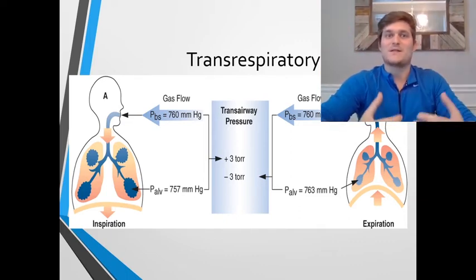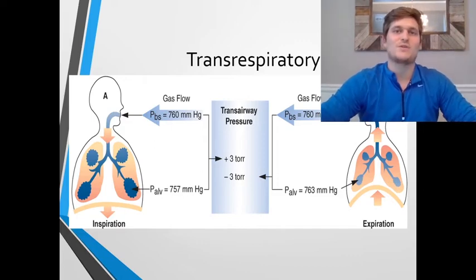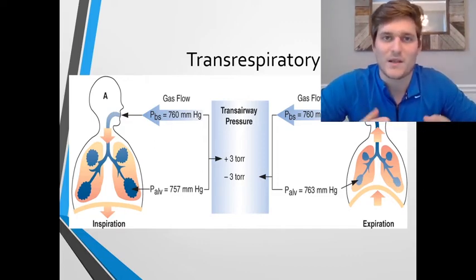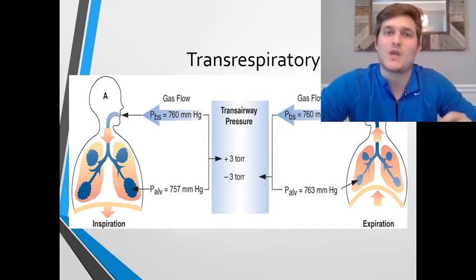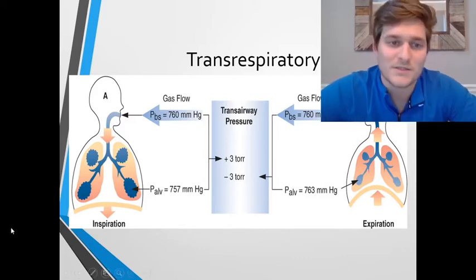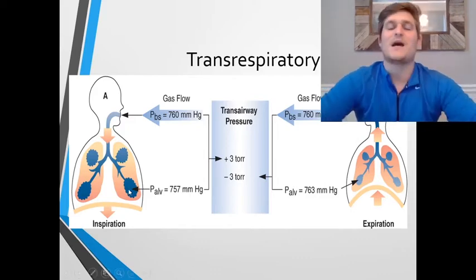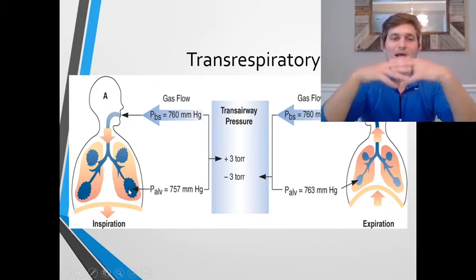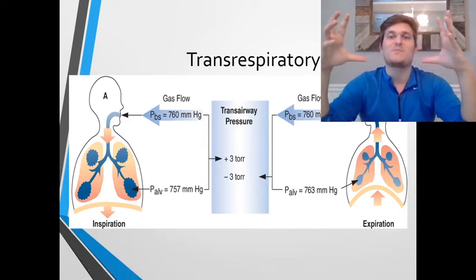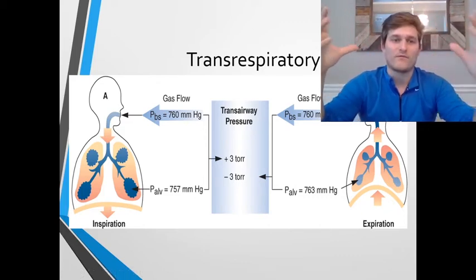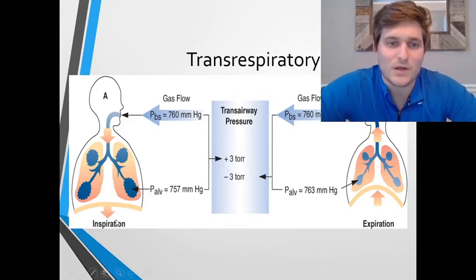Well, we discussed in Boyle's law that if we change the volume of the lungs, then we are able to change the pressures within. And so when we inhale, the diaphragm again is going to contract, and that's going to help expand our lung volume. And that's going to lower the pressure inside of the alveoli.